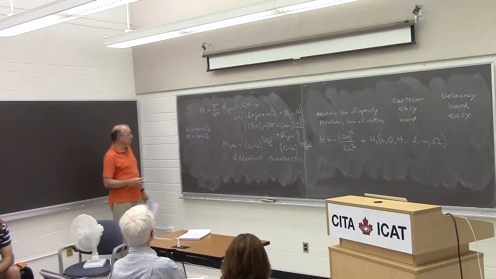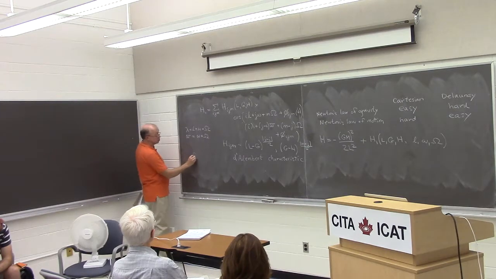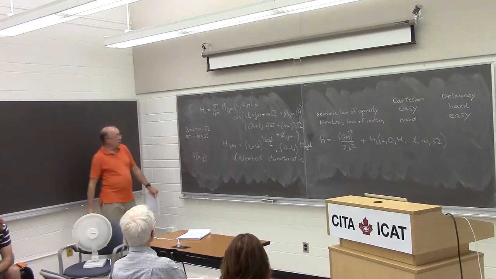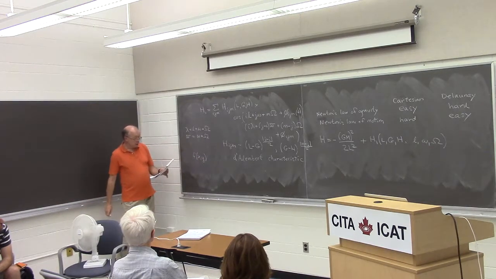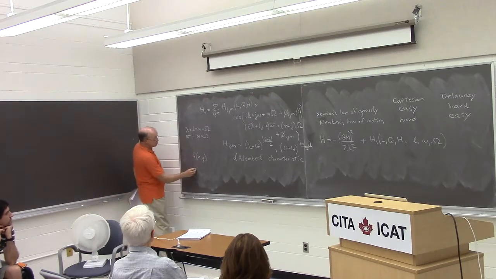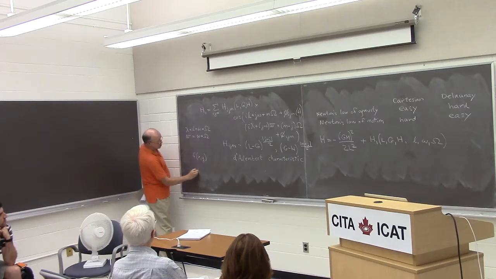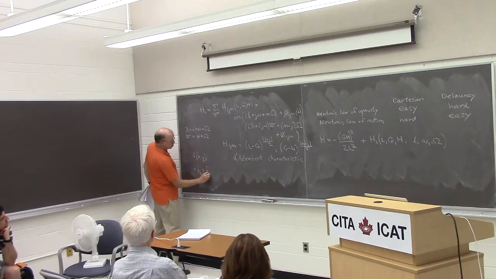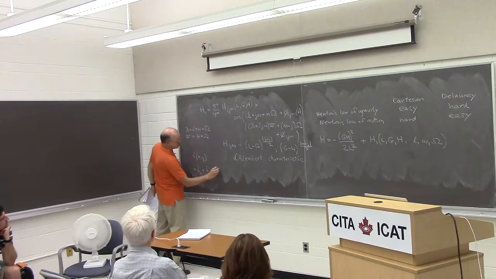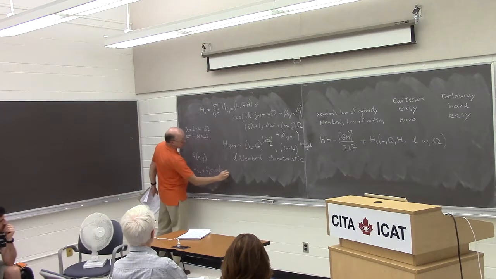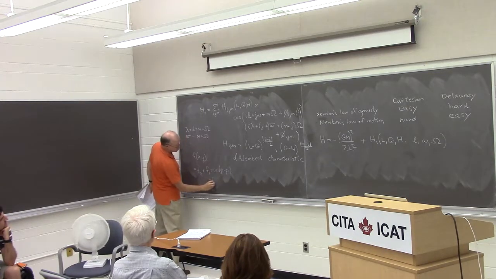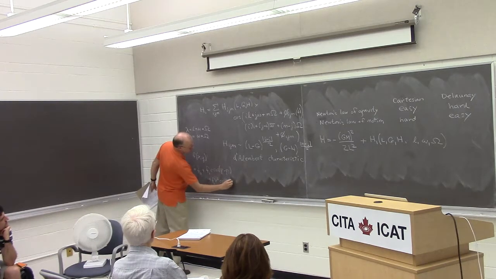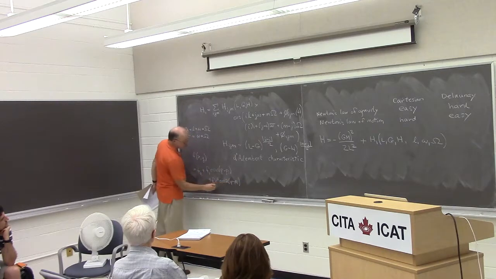The simplest way to think about it is, suppose you have some smooth function in ordinary Cartesian coordinates of x and y, and you try to expand it in polar coordinates around 0. It's going to be some constant plus f1 of r times the cosine of phi minus phi1, plus f2 of r squared times the cosine of 2 phi minus phi2, and so forth.